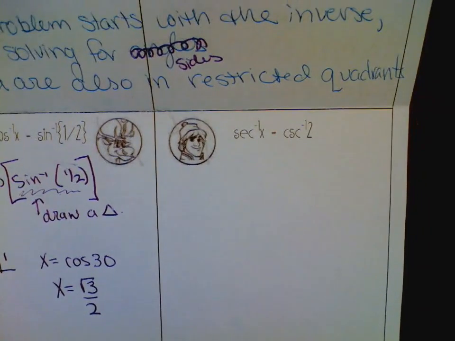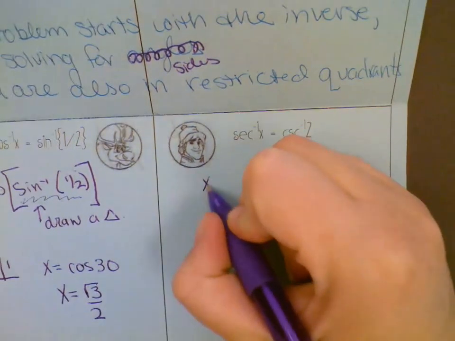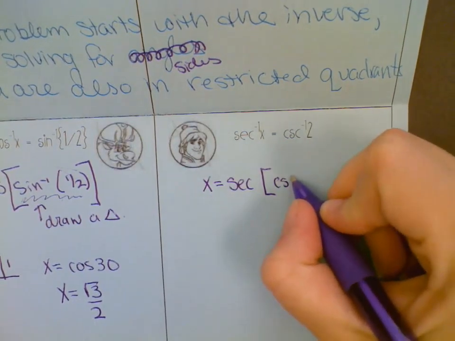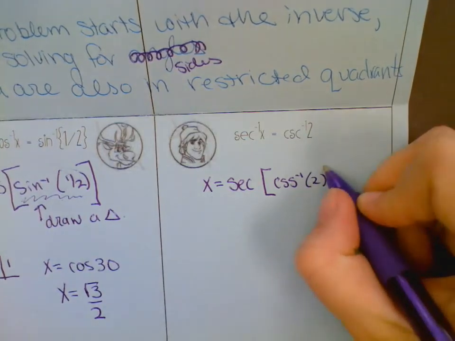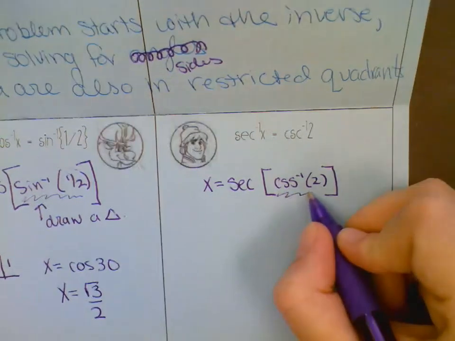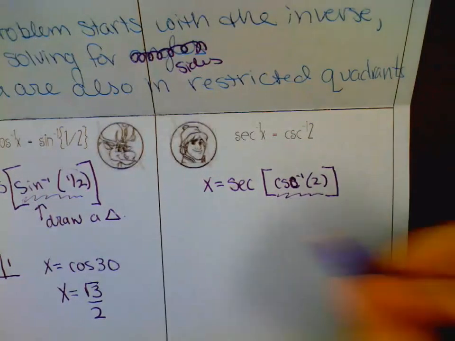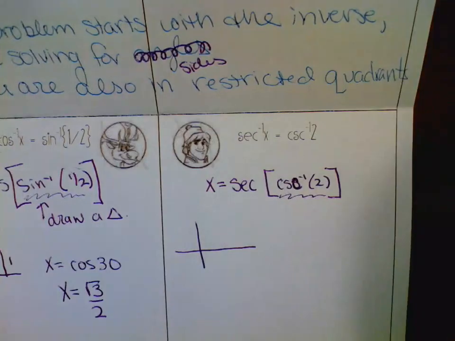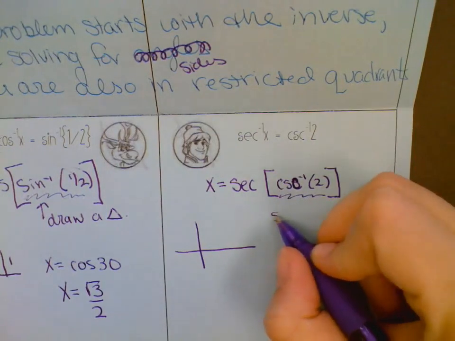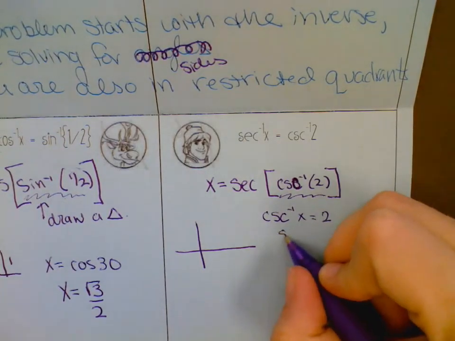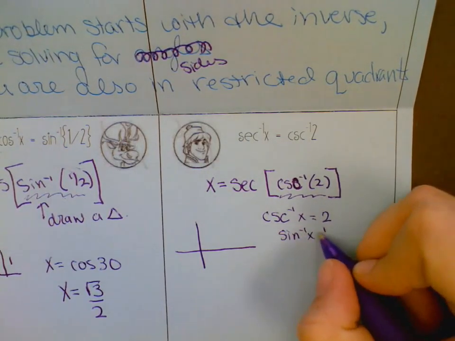Okay, so for this one, we'll take the secant of both sides, just like we did on the last one. So we get that x equals the secant of the cosecant inverse of 2. So we'll draw a triangle for this part. So cosecant is like sine, so it's positive in quadrant 1. So if we have the cosecant inverse of 2, that would be the sine inverse of 1/2.